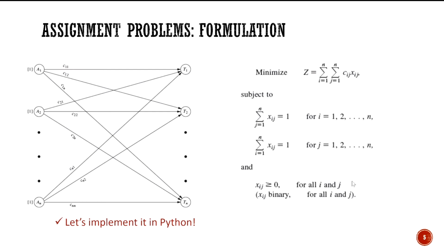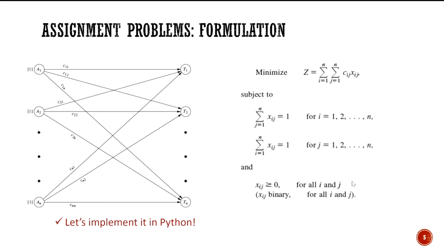The first one is defined for all assignees. The other one is defined for all tasks, because we want to make sure that each task is going to be performed by only one assignee, and each assignee is only assigned to one task. So we see the summation over i and summation over j, and then it's equal to 1.